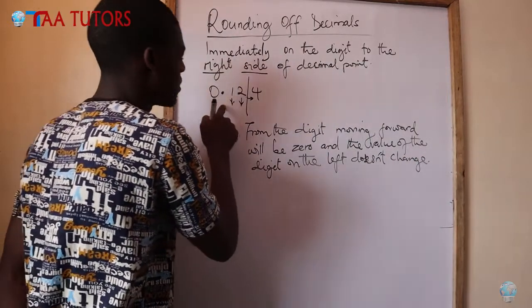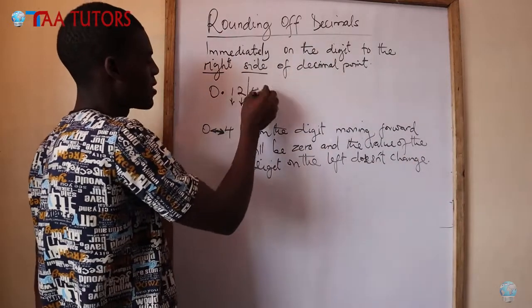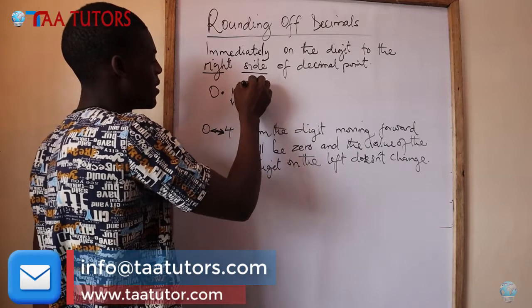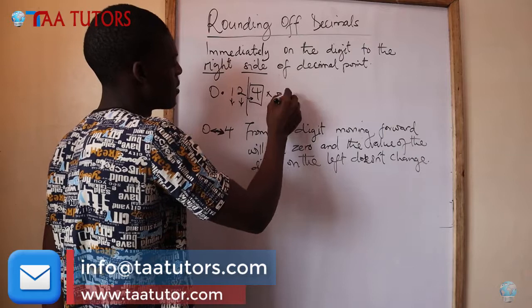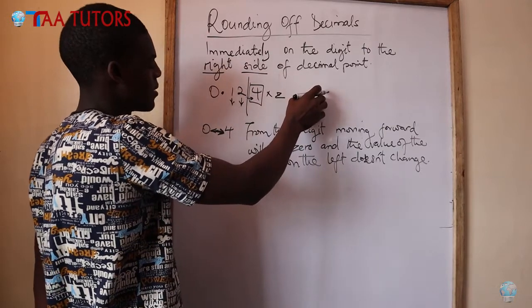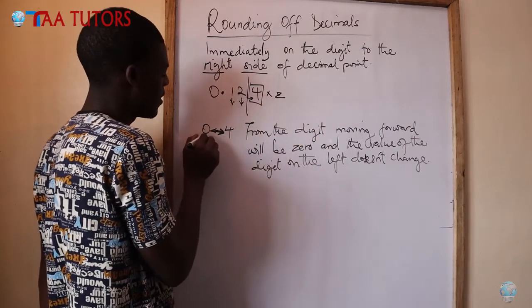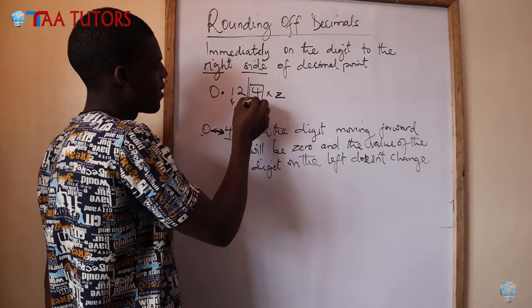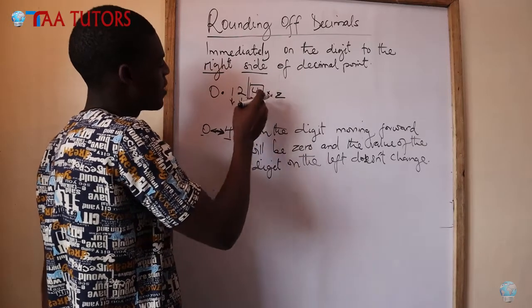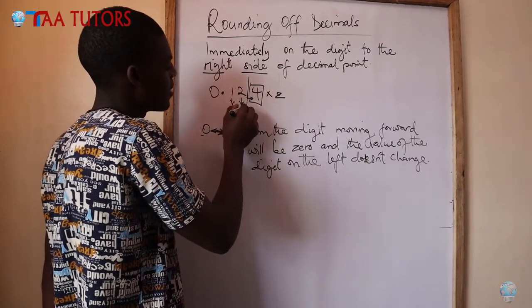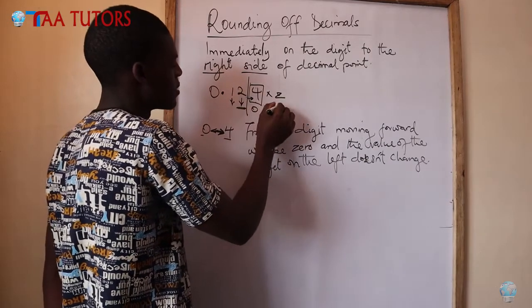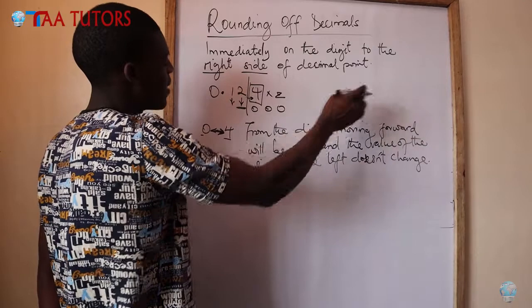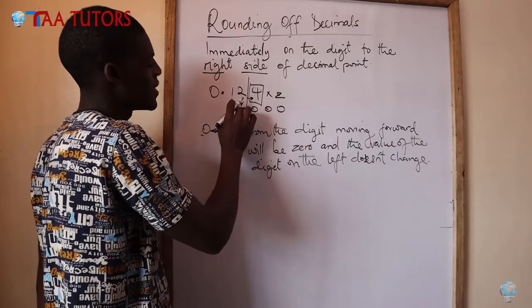Like in this case, we know that after the second decimal place, the value is 4. Even if there were many values after that point, it is between 0 and 4. So from here we will have zeros going forward, but this 2 remains 2. It doesn't change.